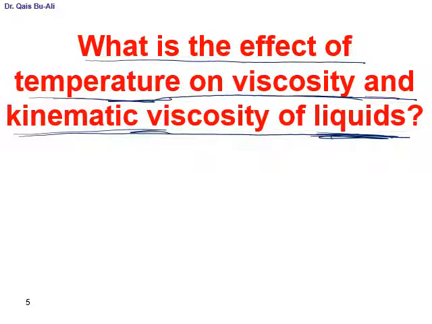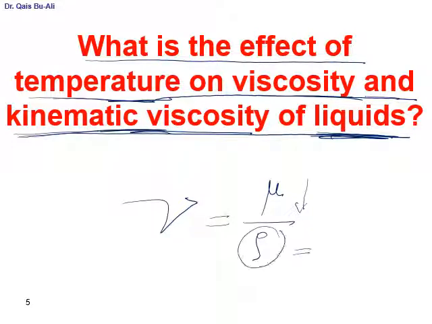But what about kinematic viscosity? Maybe we cannot just observe it easily, so we have to go back to the equation. Kinematic viscosity is equal to viscosity divided by density. If temperature increases, we know that viscosity will decrease. Now let us look at density. Density is equal to mass over volume. If temperature increases, mass will not change.